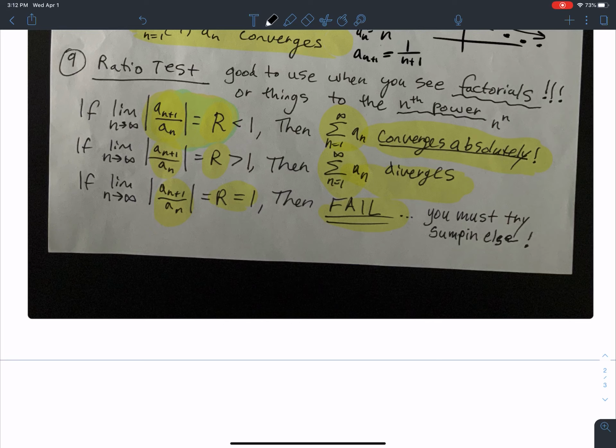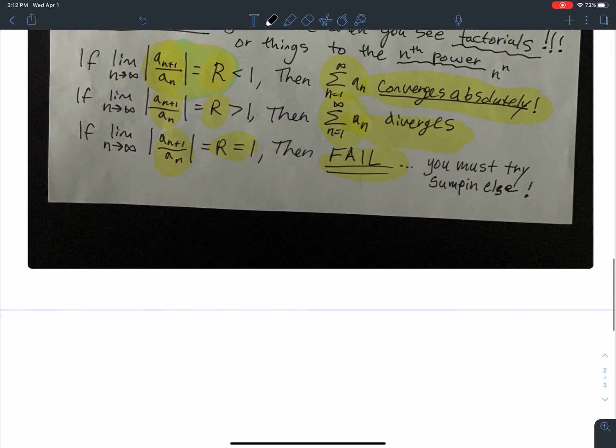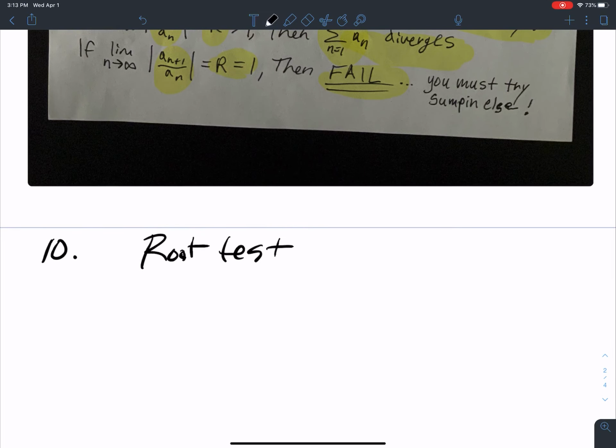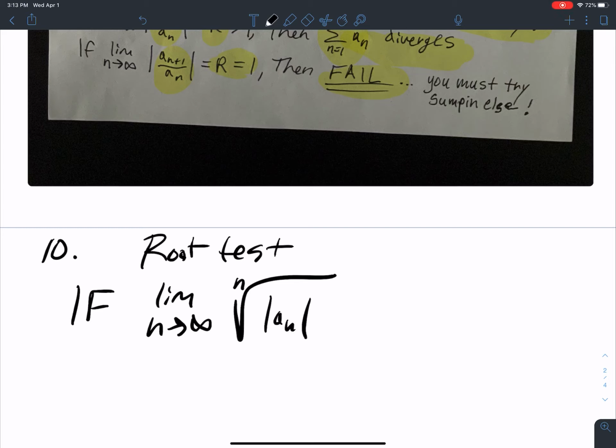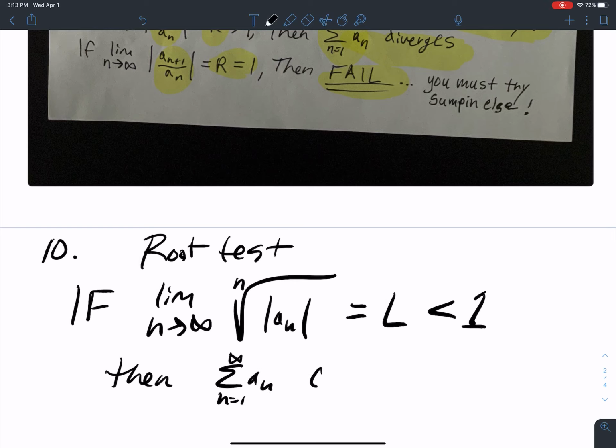The root test, I didn't have on my little sheet, but I'll write the root test down since we've got it. The root test says if the limit as n goes to infinity of the nth root of the absolute value of a_n is equal to L, which is less than 1, then the series from n equals 1 to infinity of a_n converges absolutely.